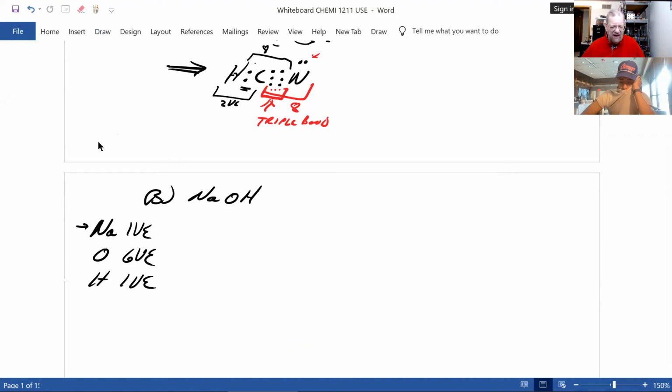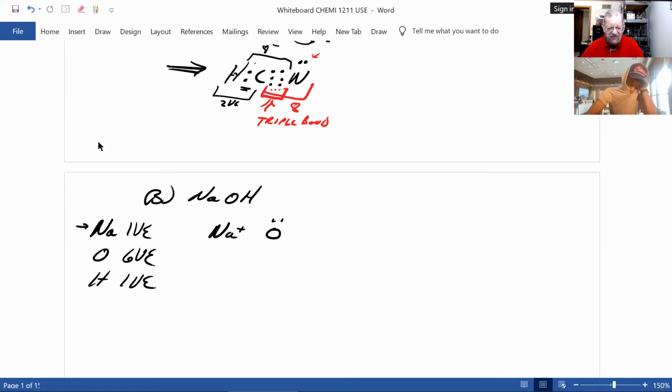All alkali metals, sodium, potassium, and lithium for this class, and all alkaline earth metals for this class, magnesium and calcium, never form covalent bonds. They form ionic bonds, and the alkali metals always form a +1 charge.